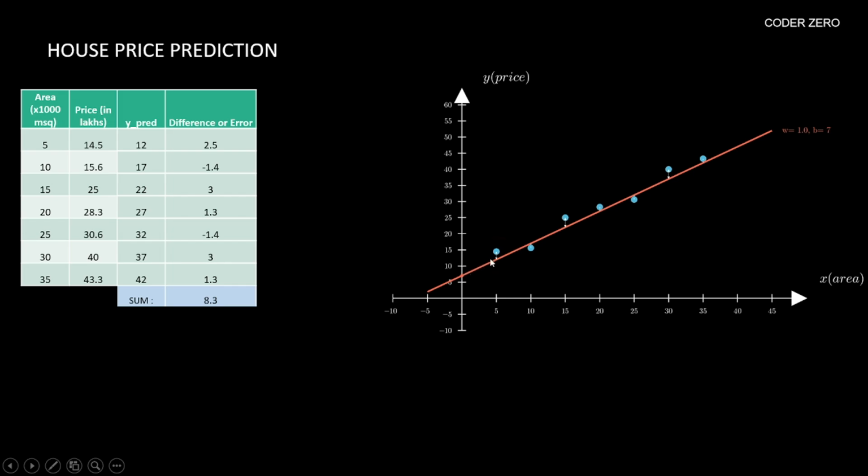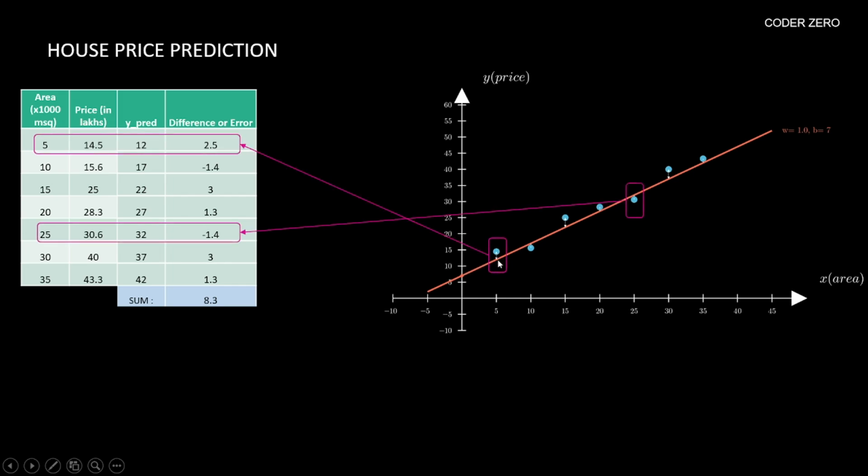If you take this data point, when x is 5, this is the prediction from our line, and this is the original data set. The original value is 14.5 and the prediction from our equation is 12. Hence the difference is 2.5. That means this is the gap between the original value and the predicted value. Hence we can call this error, or we can call this a loss.